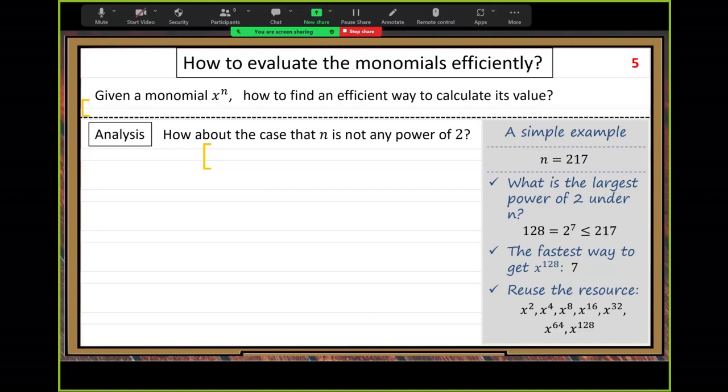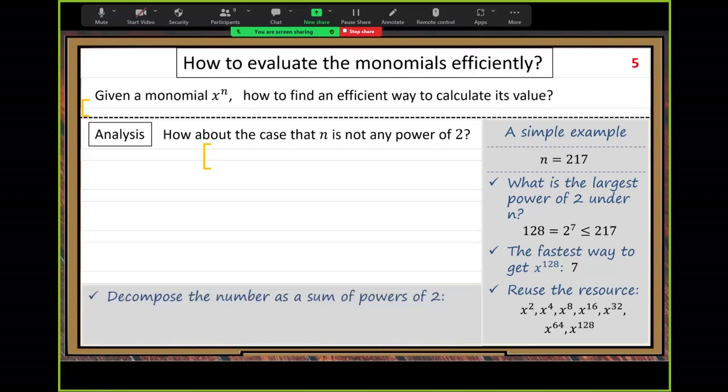We just pick it from our list, or our bank, or our pool, whatever you call it. We pick from the computation resource pool and do the multiplication. To get our goal, we want to get x to the 217th.